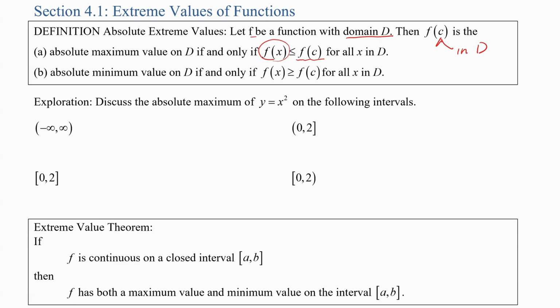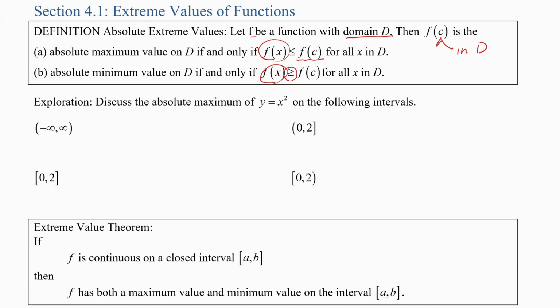All right? The minimum has the same idea. f of C is an absolute minimum if it's smaller than or equal to all the values that f of x produces while x is in the domain.